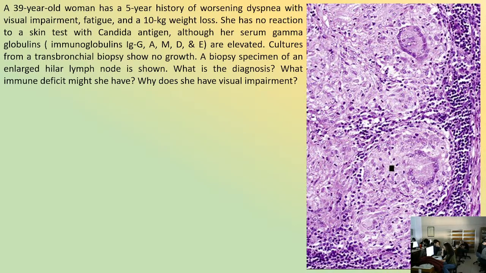Lymph nodes can be examined in this way through fine needle aspiration. However, in this case, the node was excised surgically. And the location of the enlarged node is quite typical because it has to be central in the lung, close to where the main bronchi come out, right? Centrally, we have these nodes.